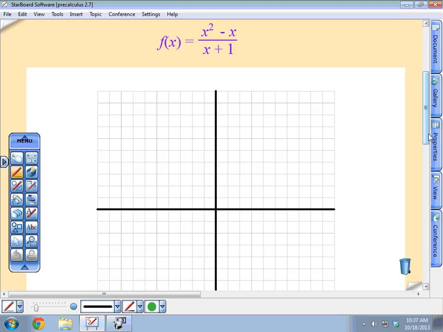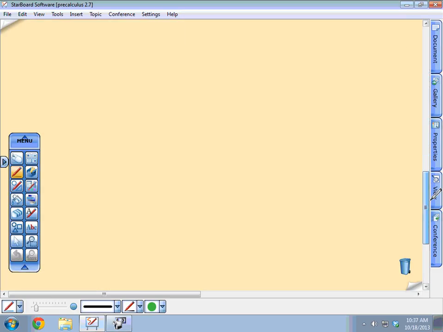So let's do that. Somebody write that down so you can: x squared minus x plus 1 over x plus 1. Okay. So, the first step is to simplify this.